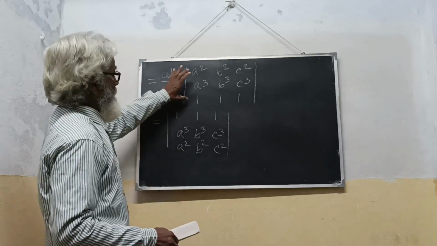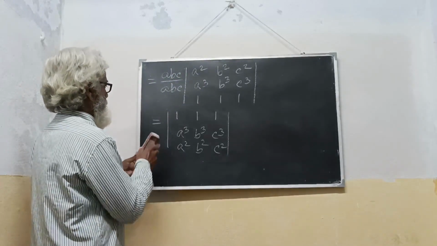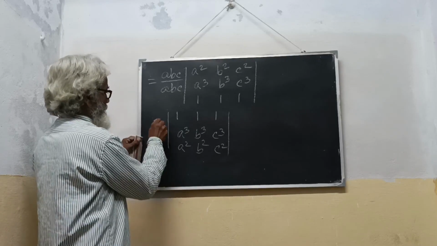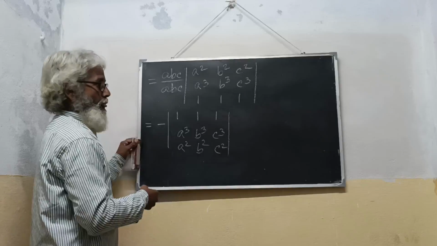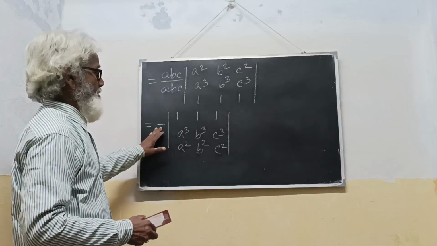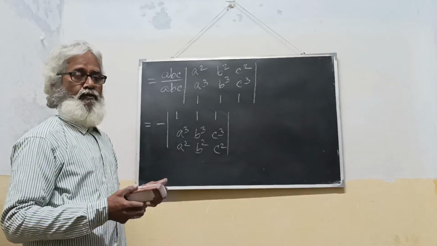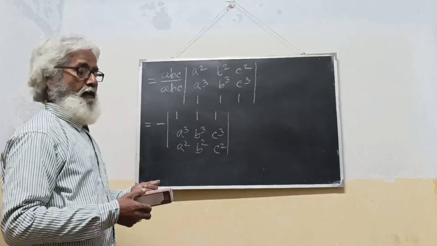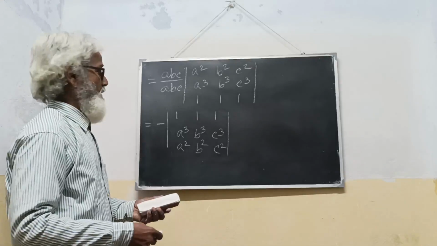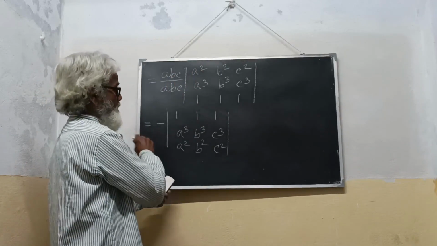Since we have interchanged the elements of first and third rows, so our property was that one minus sign will be a common factor of that determinant. The statement was that if we interchange the elements of any two rows or columns, then the value of the determinant remains the same with opposite sign. That was plus, and it will be opposite sign, it will give you minus.